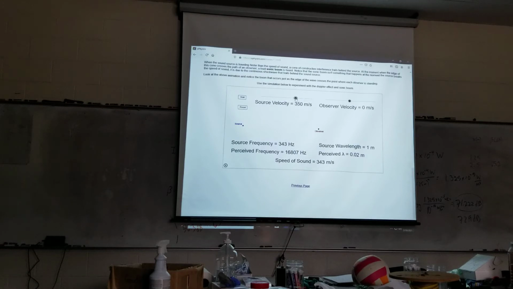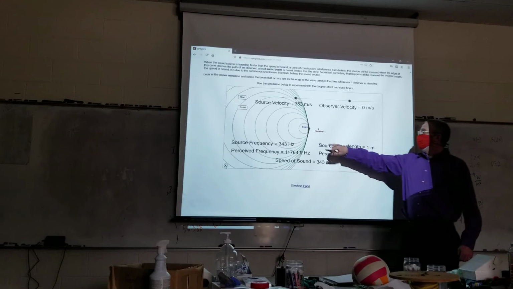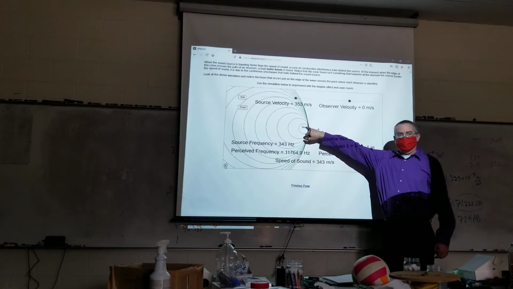And then let's just barely exceed the speed of sound by 10 meters per second. And so now we have high pressure on top of high pressure on top of high pressure.